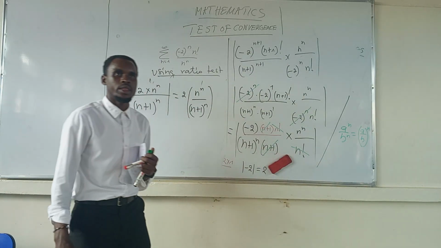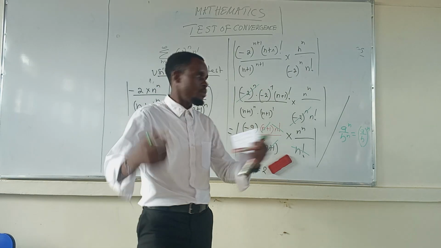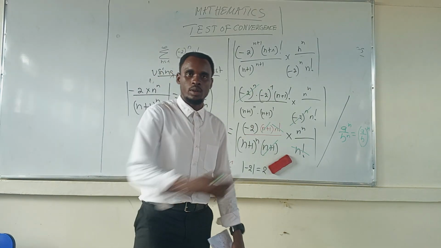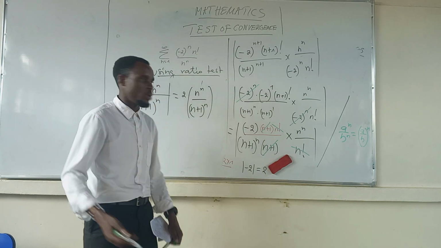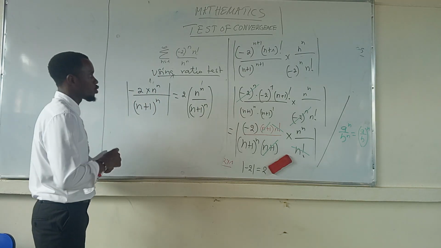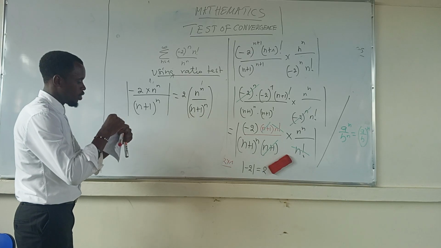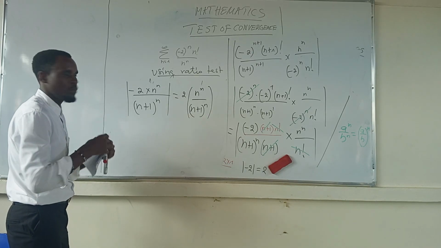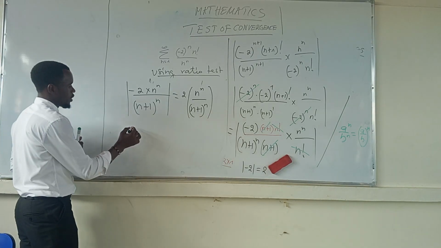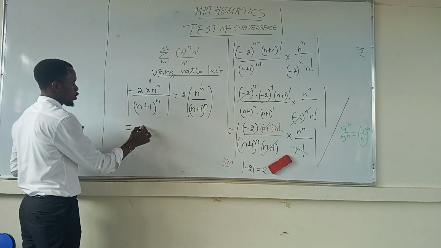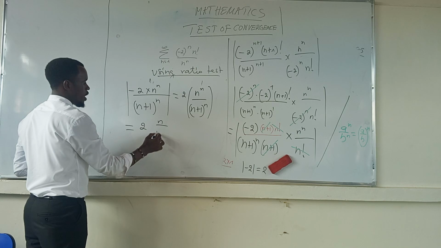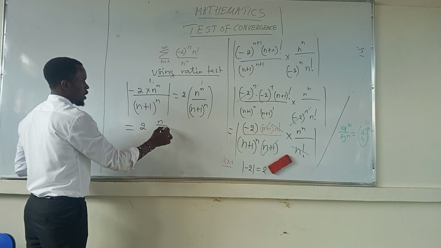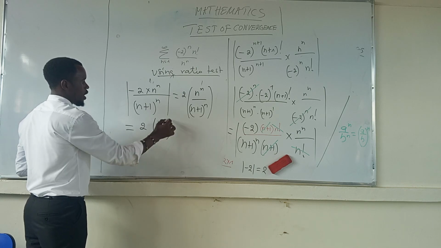I think you might be familiar with these basic laws for exponents. That's what I'm going to apply here. Of course, this is equal to 2 out, and n over n plus 1, both to the power n.